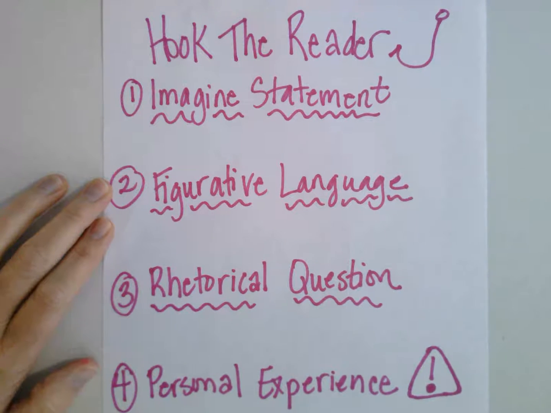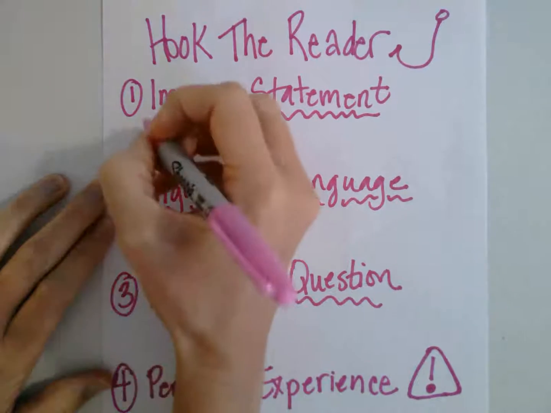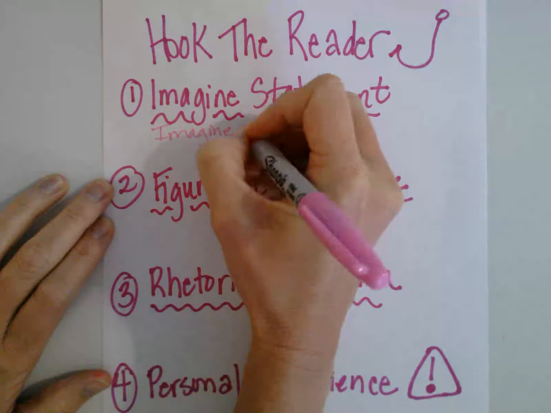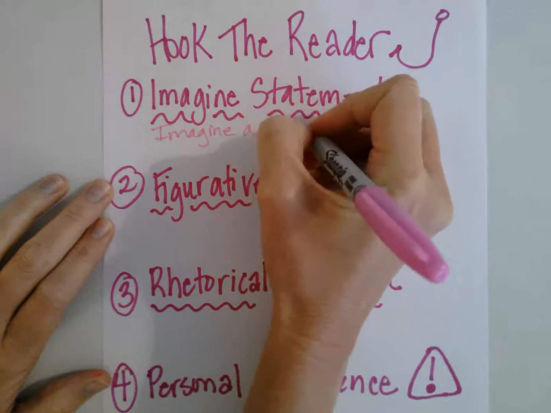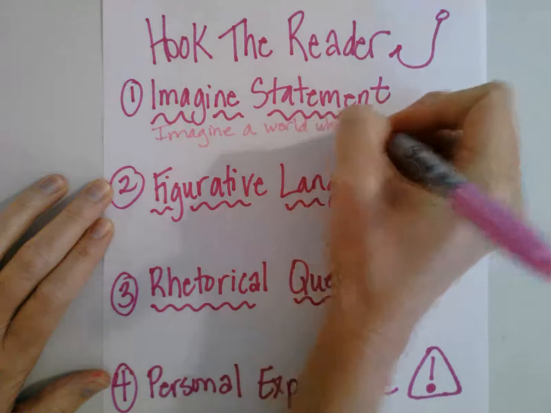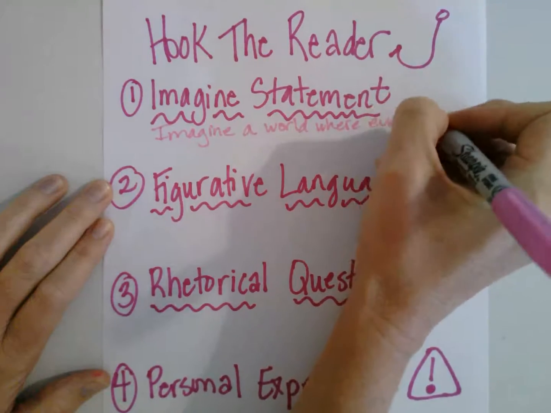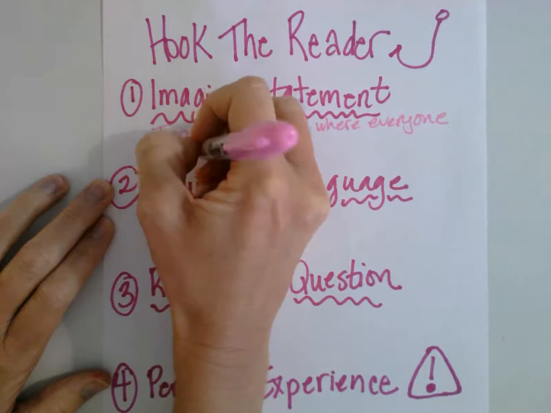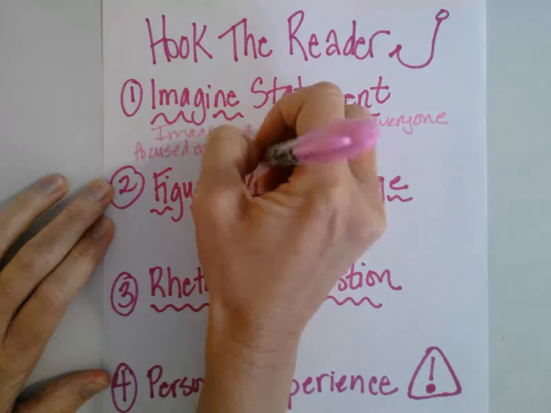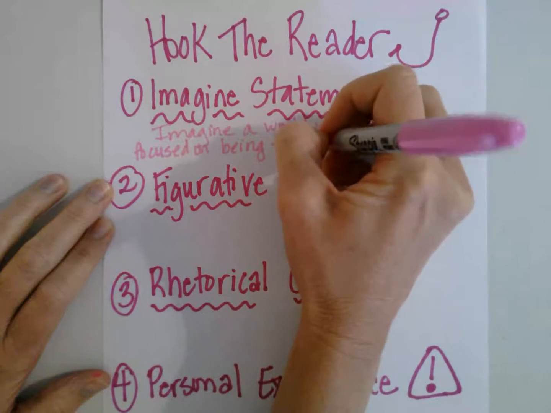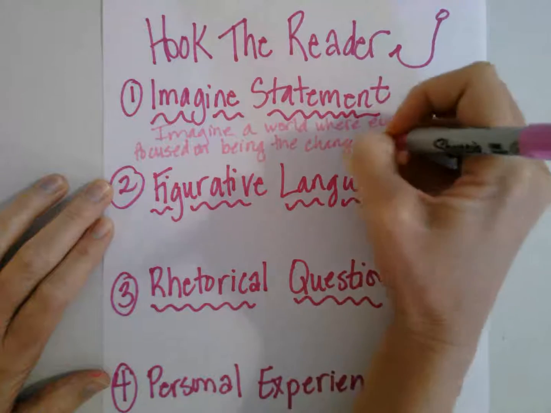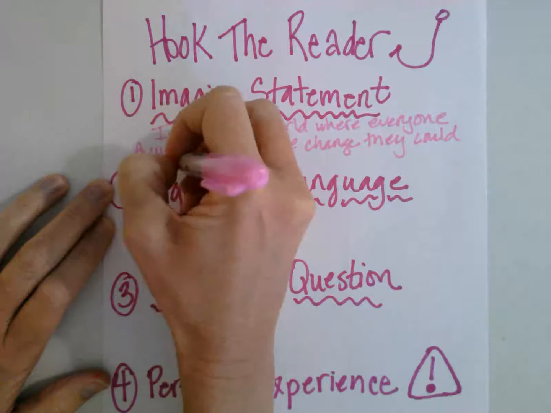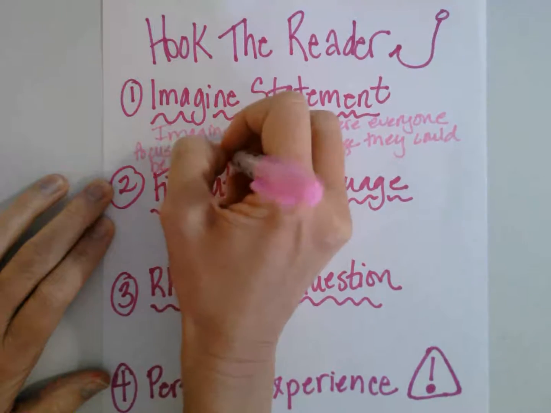For this particular prompt, an imagine statement would be something like, imagine a world where everyone focused on being the change they could be instead of focusing on the negative.